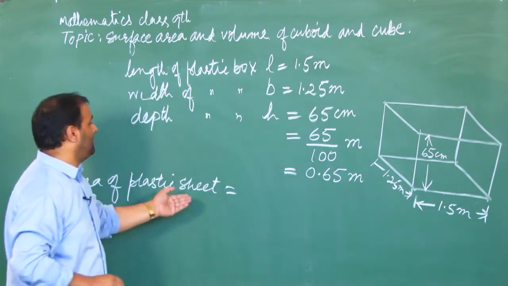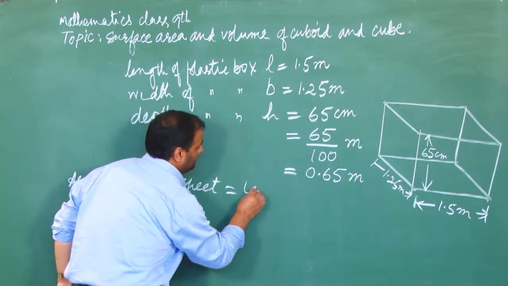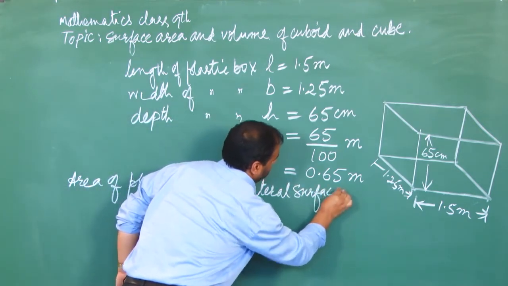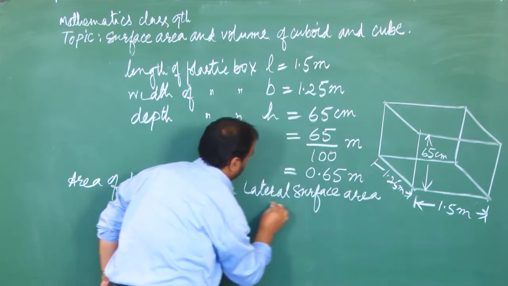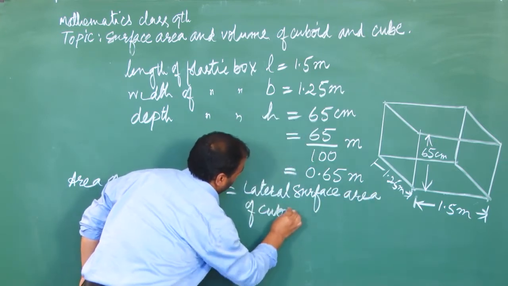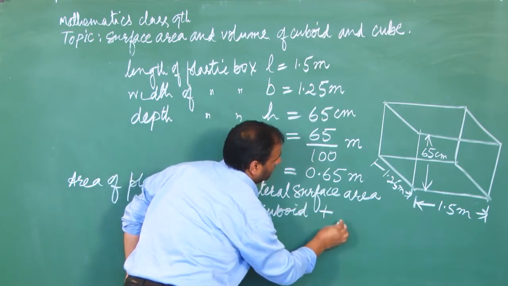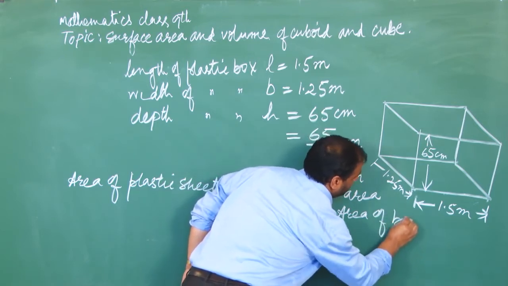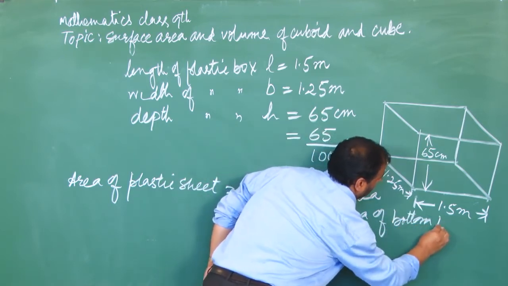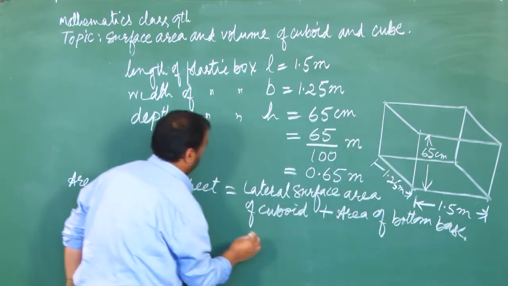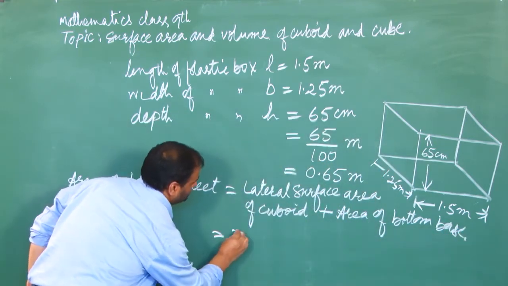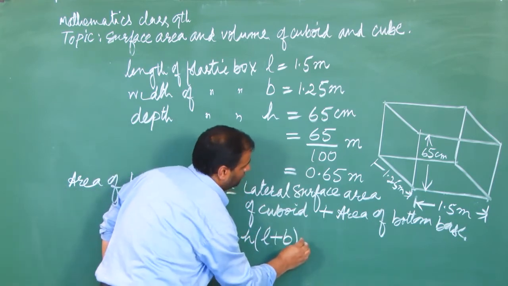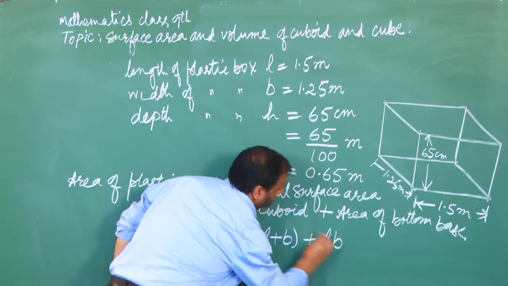So, area of plastic sheet is lateral surface area of cuboid plus area of one of its bottom base. So, lateral surface area of cuboid is twice height into length plus breadth, and area of bottom base is length into breadth.